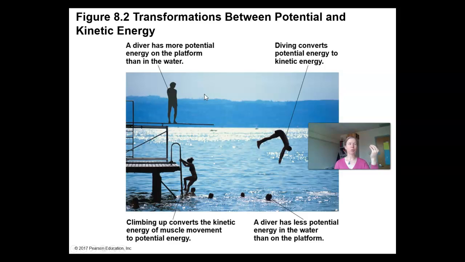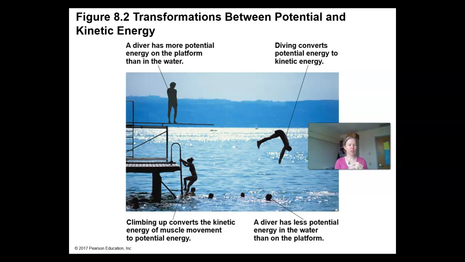You have the ability to release that energy. This guy's in motion, so that kinetic energy is being released. And you know there's energy when he hits the water, and this kind of looks like it's going to be painful. You're going to hear the smack. Sound is that energy being released. He'll feel the heat. The friction of his body entering the water is going to produce heat. That is energy as well.